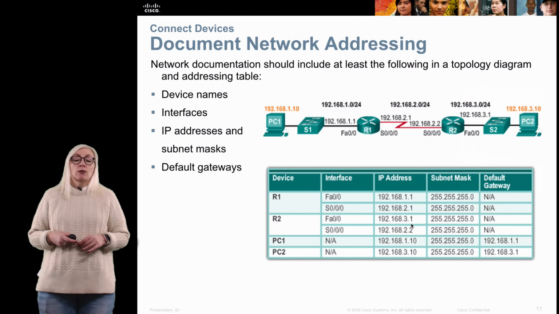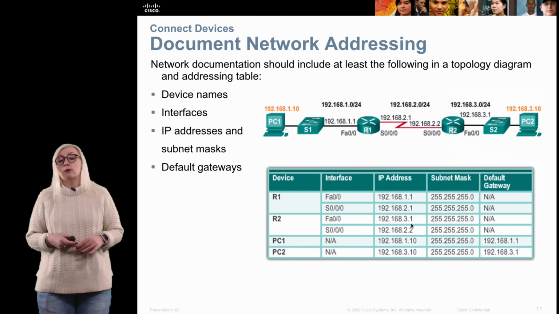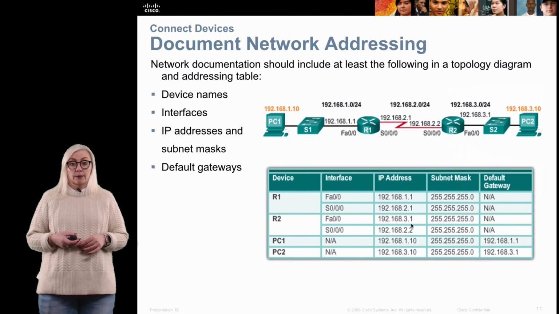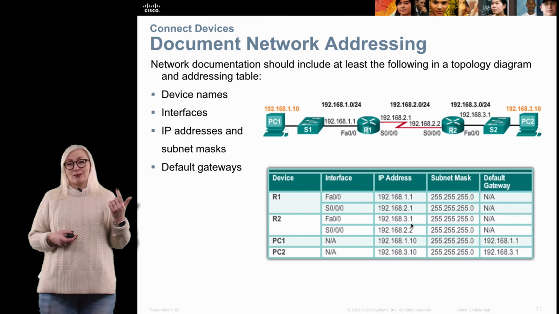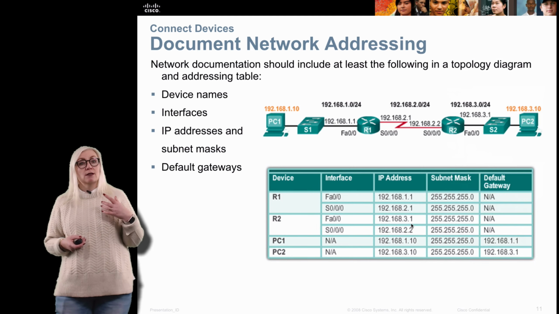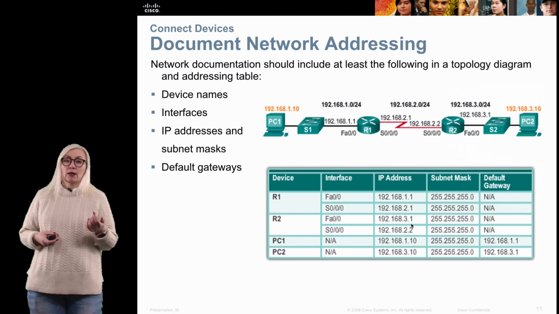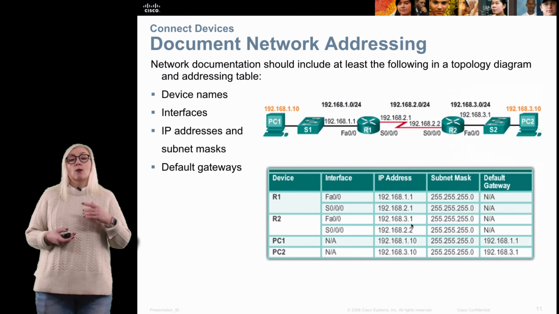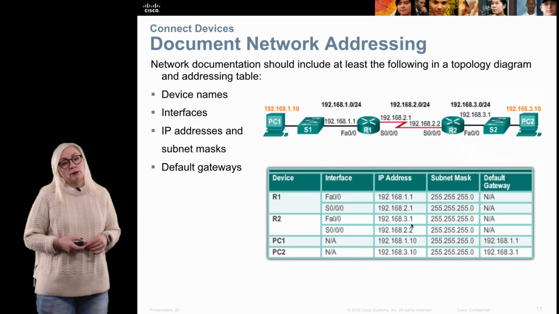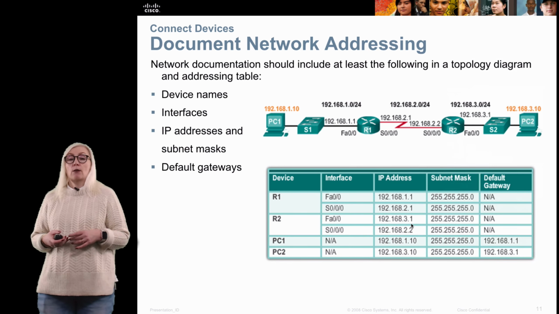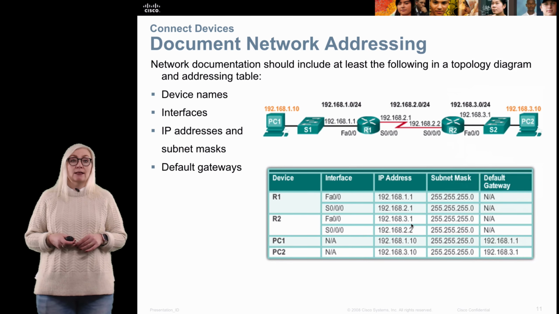When we document our network, we normally look at how the different devices are set up. Normally we have static IP addresses on all networking devices, for instance the routers and switches if they have an IP address, whereas the host computers in the network normally have a dynamic IP address instead.